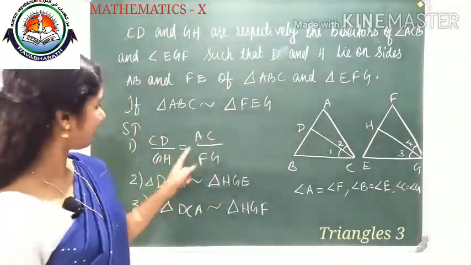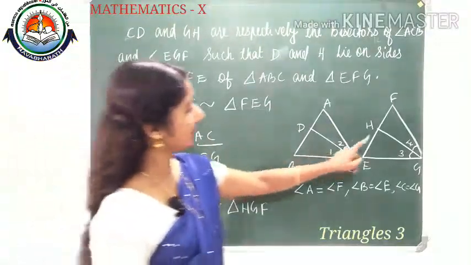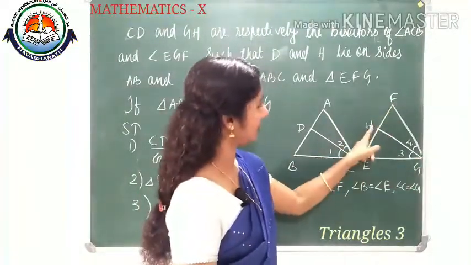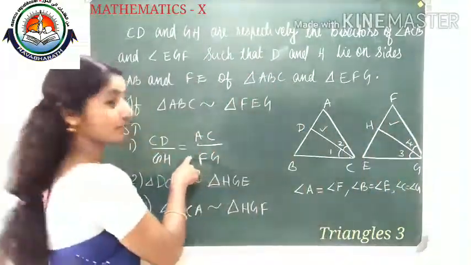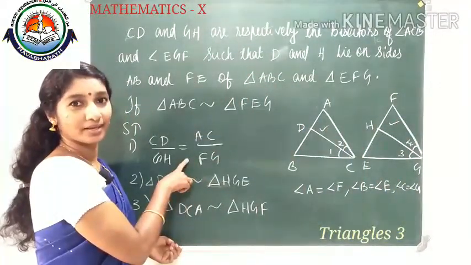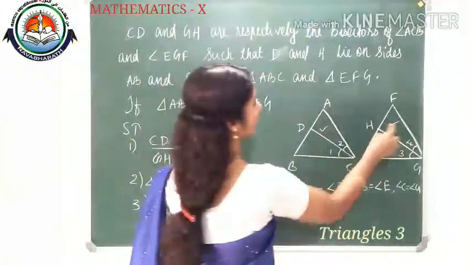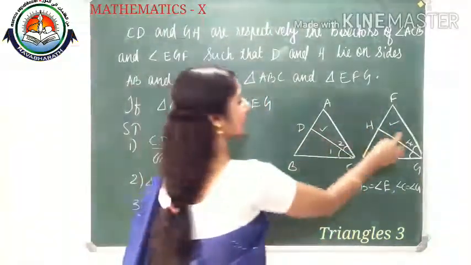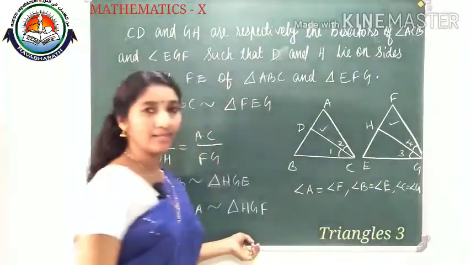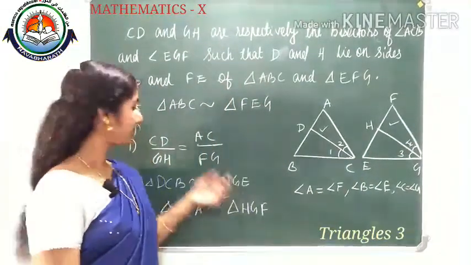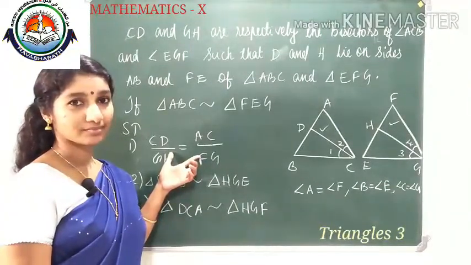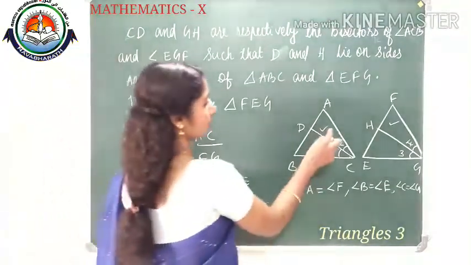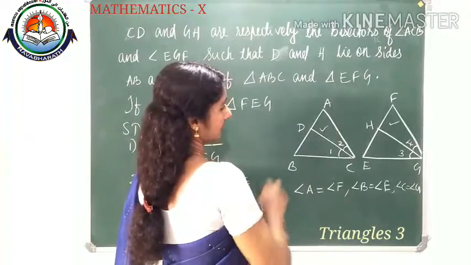And in the same way, the triangle with GH and F, that means FGH. So we need to take these two triangles to get this information. Okay. If you are able to prove these two triangles are similar, then we will get this information. Their corresponding side ratios are equal. Clear? So focus on these two triangles.